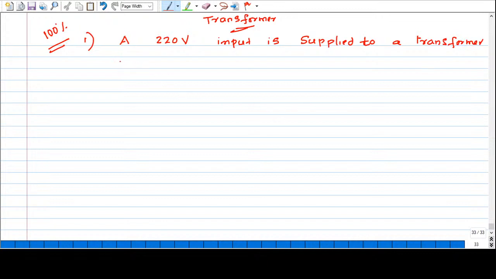The output circuit draws a current of 2 ampere at 440 volts.